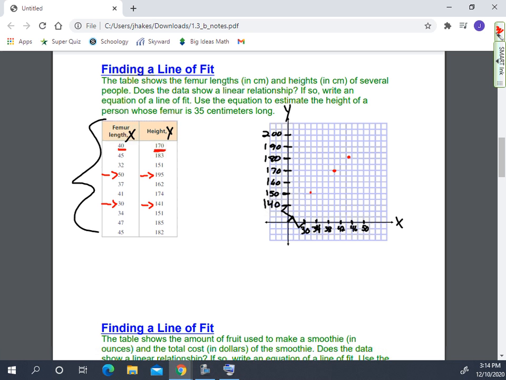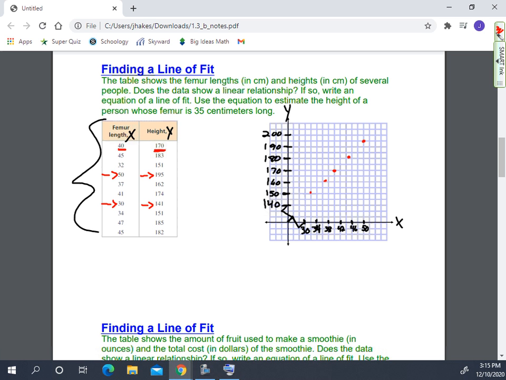That one is a pretty easy point to plot. It's right on our mark. Okay. Our next one is 37 and 162. Right about there.